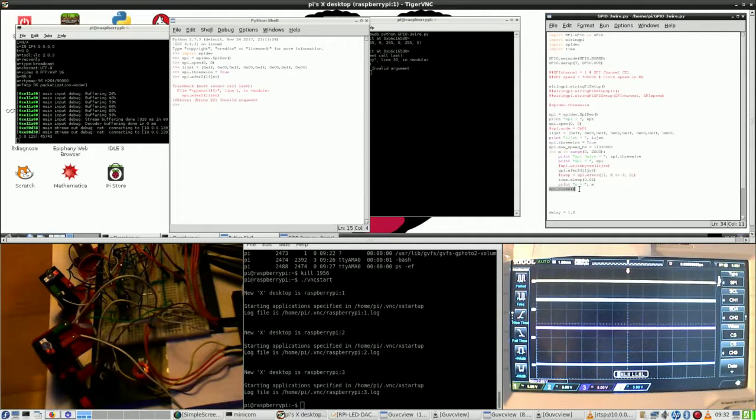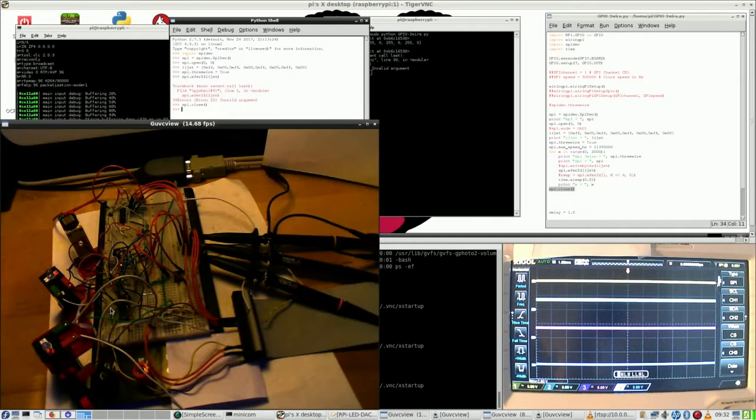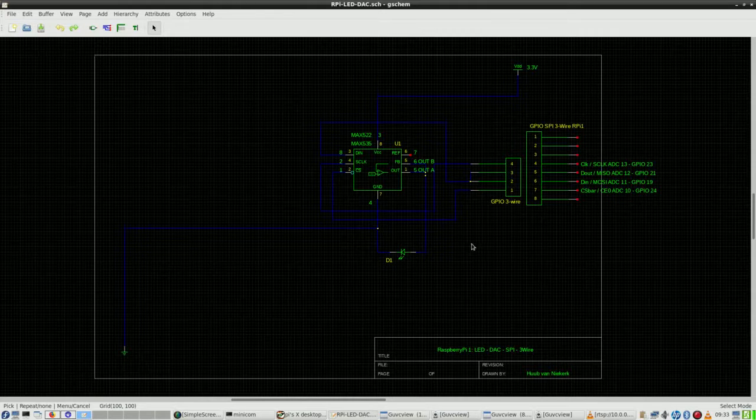Then I have to say SPI close. Why do I have to use 3-wire? Because, like it shows here, it is connected. Using the wiring, it is this one. This one is connected.